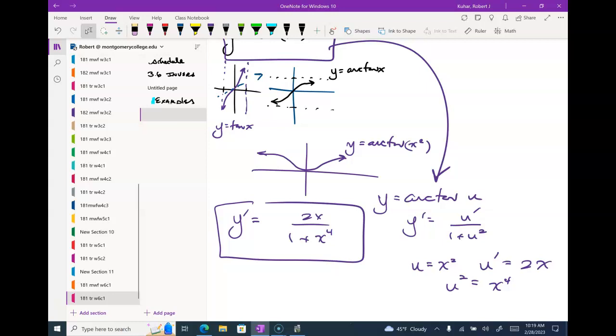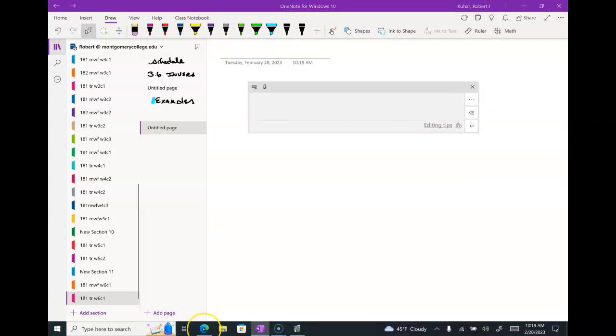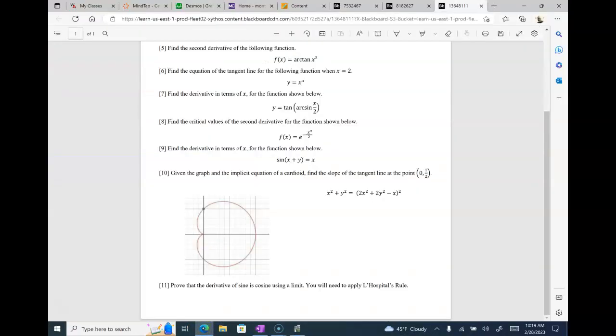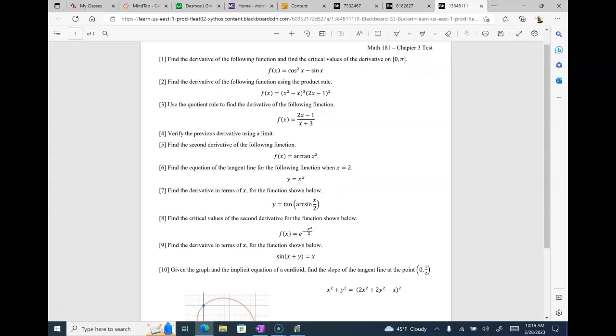All right, let's do a tough one. This is from the 2019 summer midterm. Look at number 5. Find the second derivative.